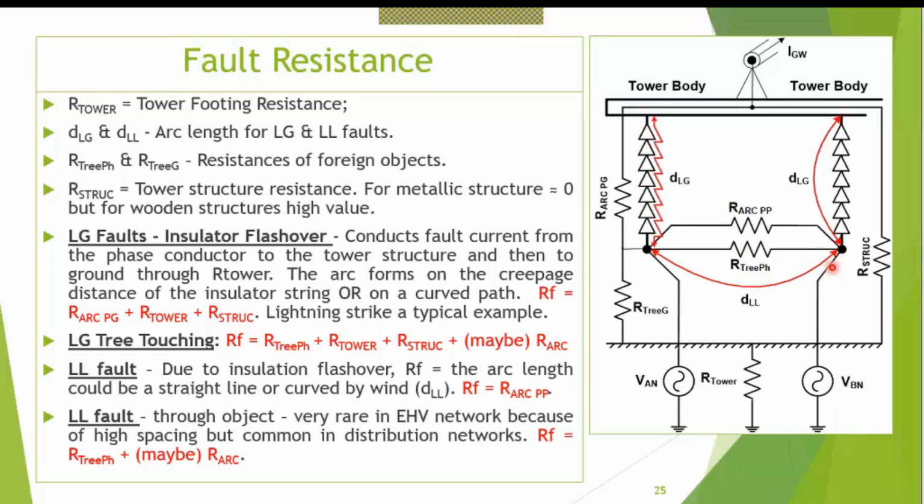So that is an object creating a fault. A tin shed from somewhere over the powerhouse got flown away during the storm and got settled. So this I have denoted by R tree phase, as if a tree is falling between two conductors. So this resistance will be much higher than the arc resistance.